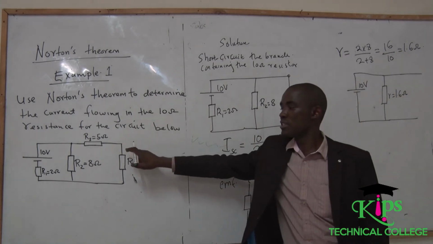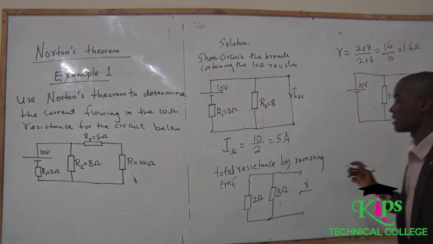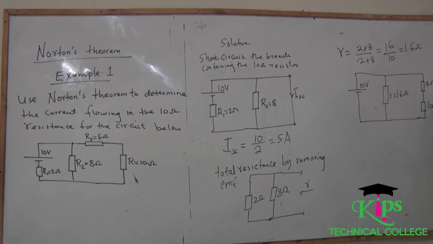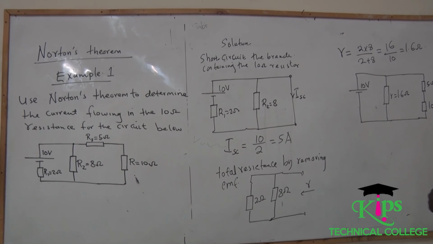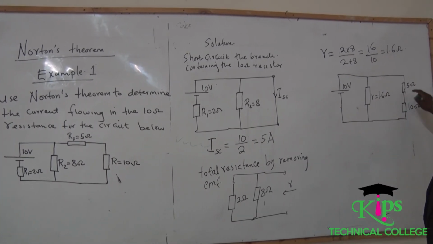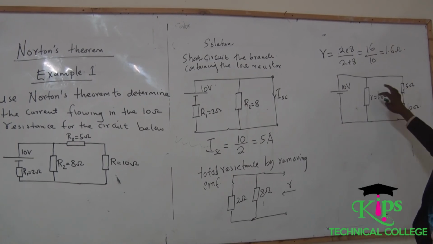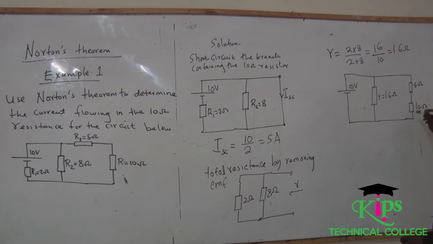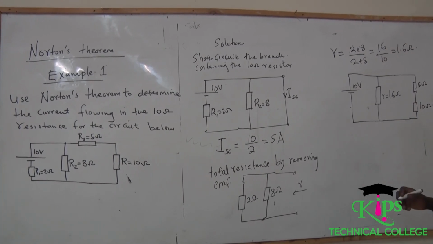Remember, you removed this branch, so you need to return it. The branch has 2 resistors, 5 ohms and 10 ohms. Remember, our interest is to get the current flowing across the 10 ohm resistor. So if you get the current flowing in this branch, you will be able to determine the current passing through the 10 ohm resistor.